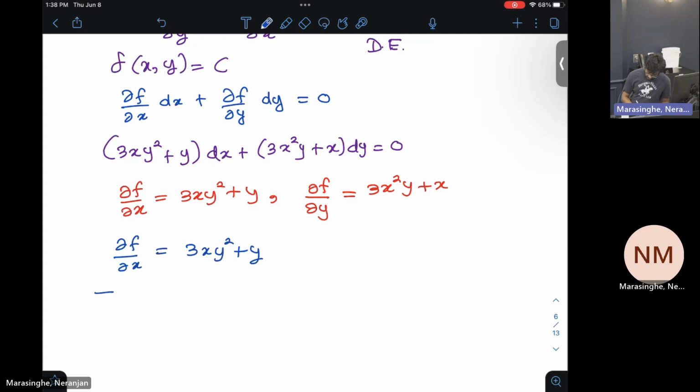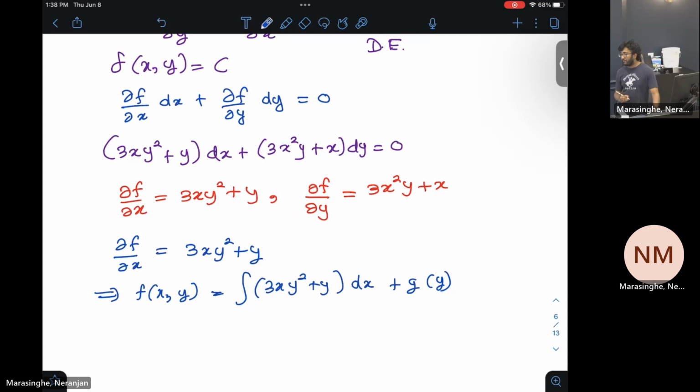So what can you say about f of x, y? It is the integral of 3xy square plus y dx plus a function of y. Let's integrate this function with respect to x. So I would get 3y square x square divided by 2 plus xy.